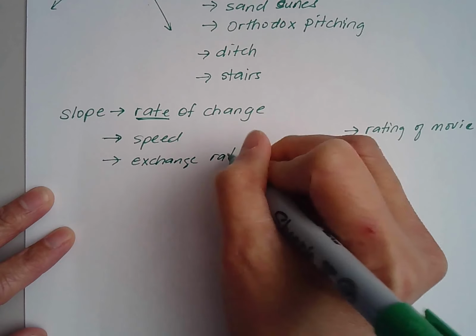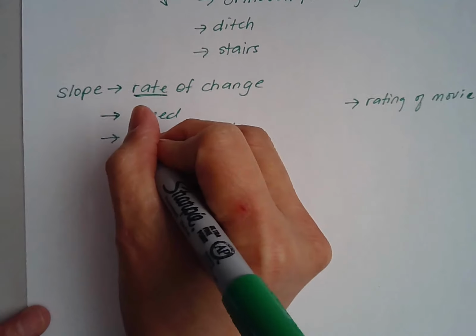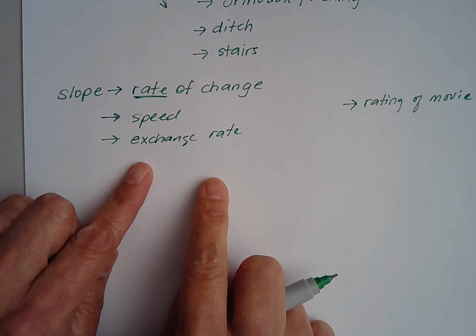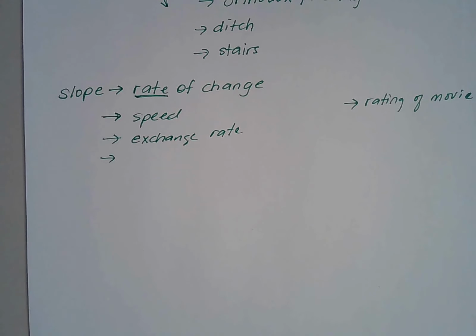Okay, that's an exchange rate. What else? Value? Value of something you purchase.